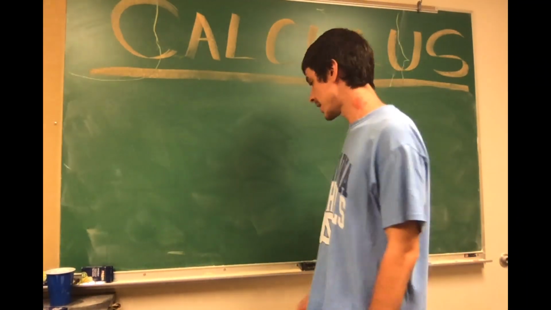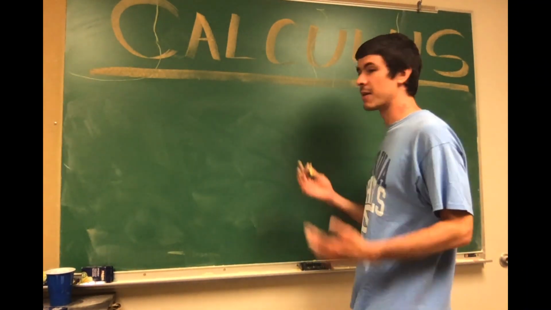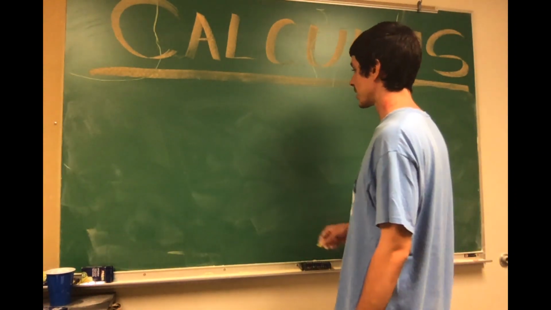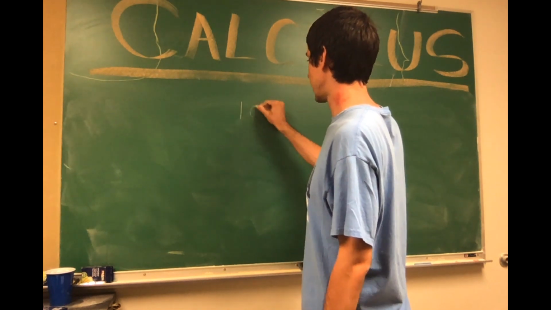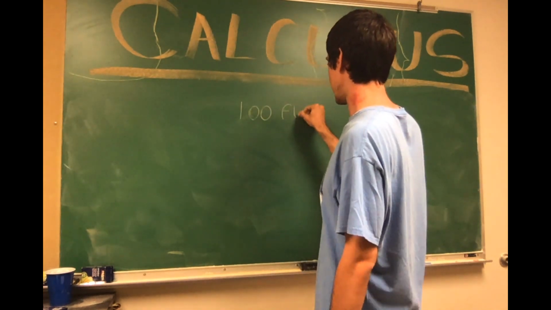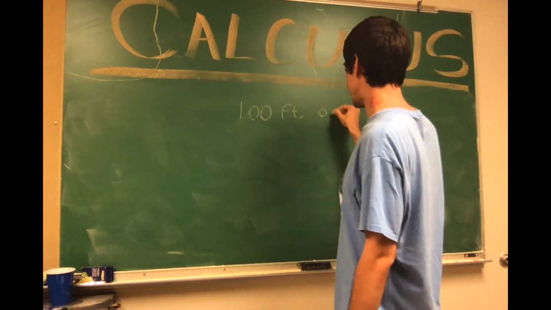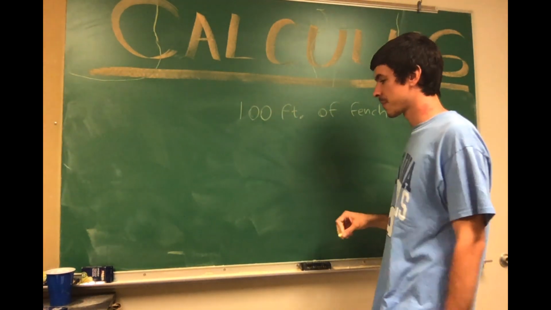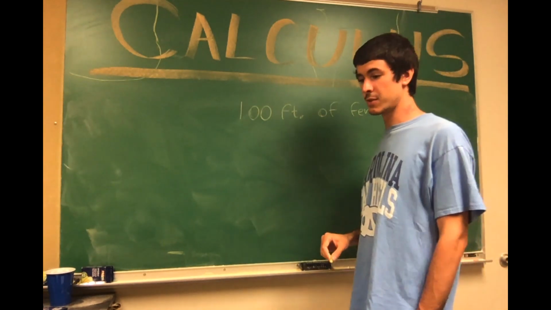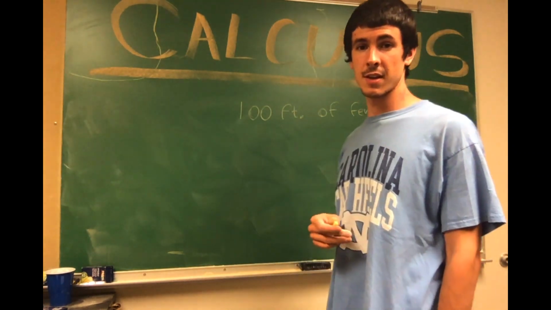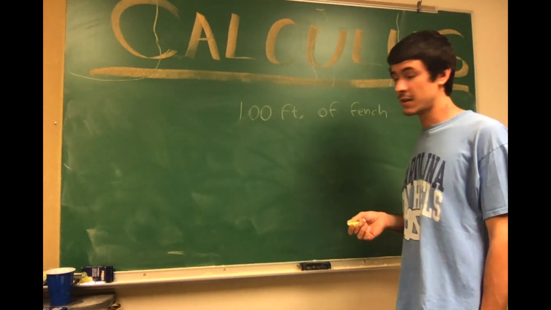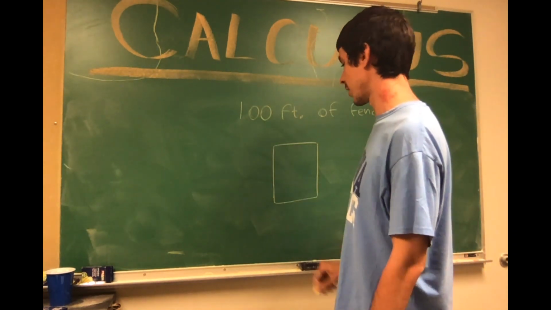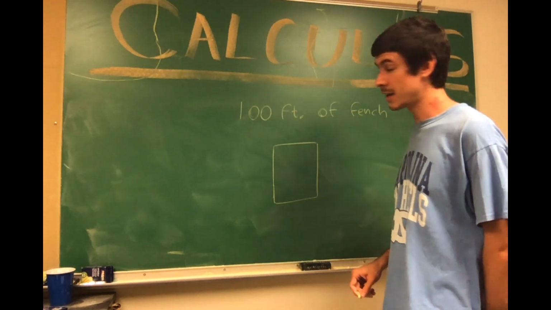Let's say that a farmer, usually in these story problems there's a farmer, has 100 feet of fence, and he wants to enclose a rectangular region in this fence with maximal area.